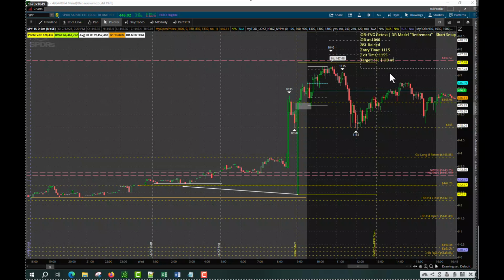Order block 8:50, or, what, DR 1.0, 1.0 standard deviation right there. So that's our setup.